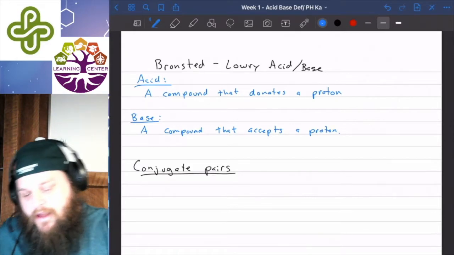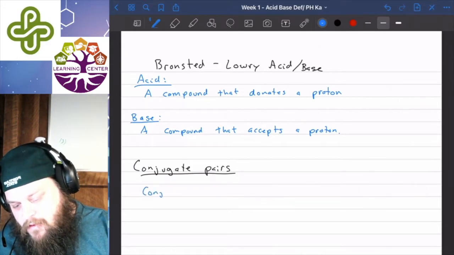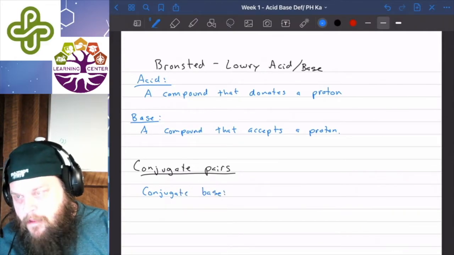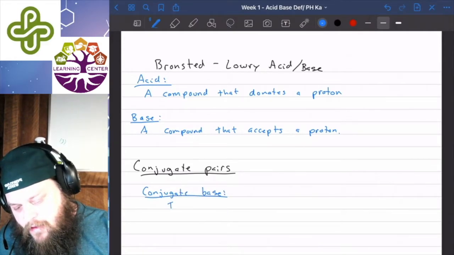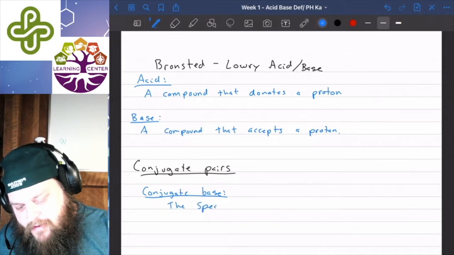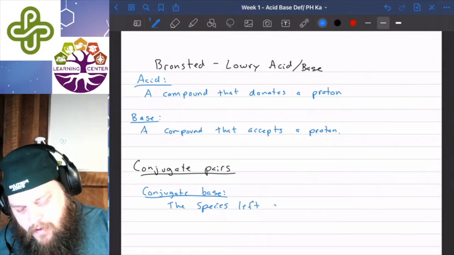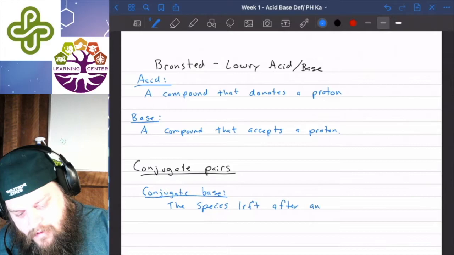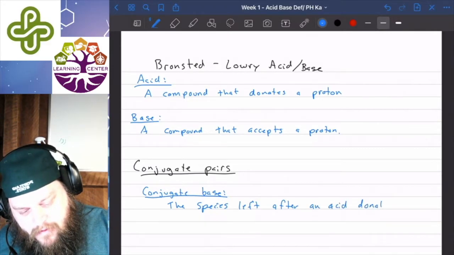So we can say that a conjugate base is the species that's left over after an acid donates a proton.